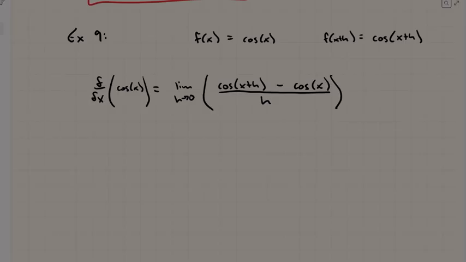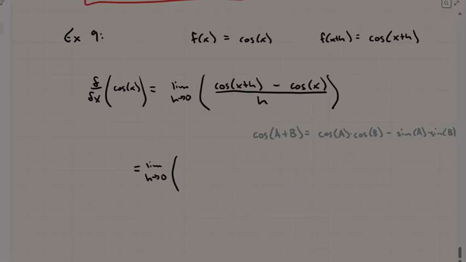All right, so last time, remember, we had our sine a plus b relationship. We're going to look for the same one based on cosine, right? Cosine of a plus b is equal to cosine a times cosine b minus sine a times sine b. And so then that means this expression will turn into the limit as h approaches 0.